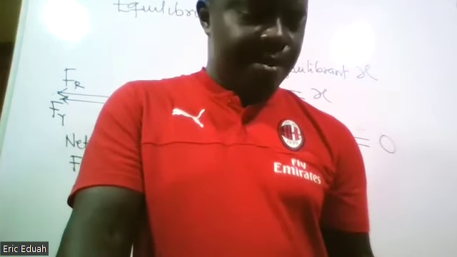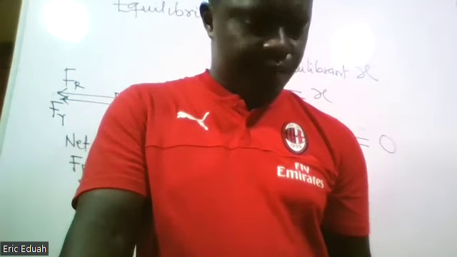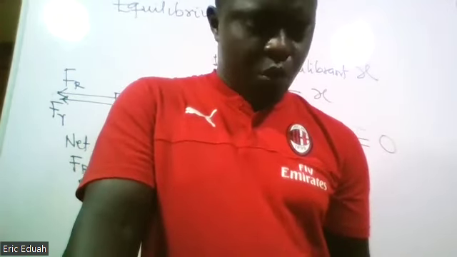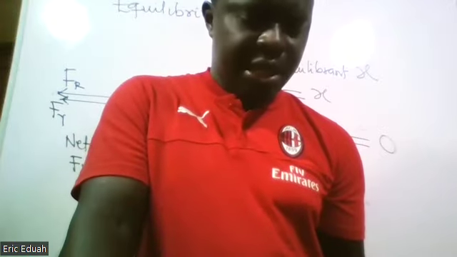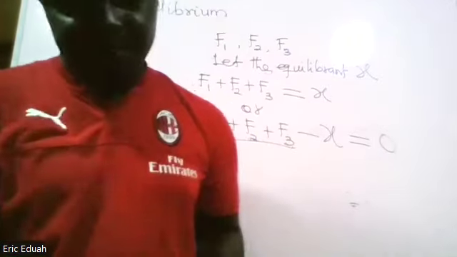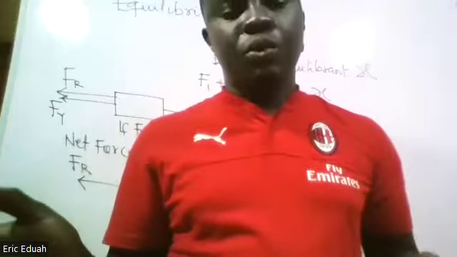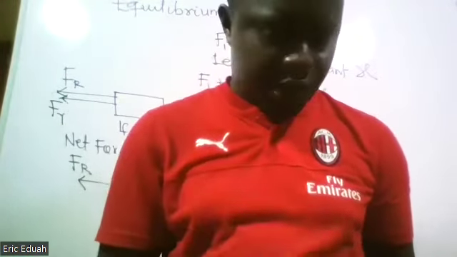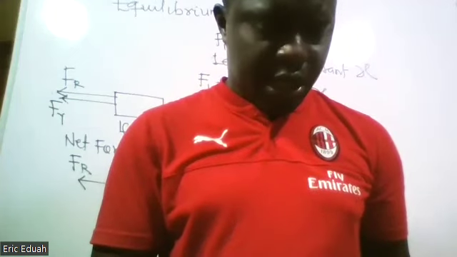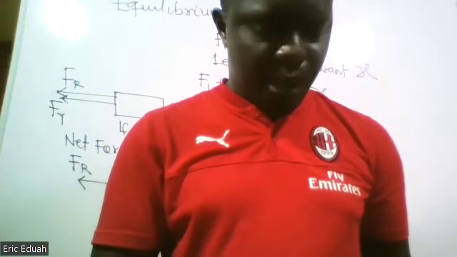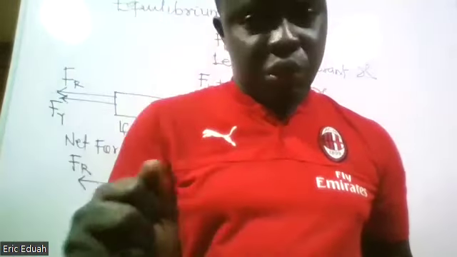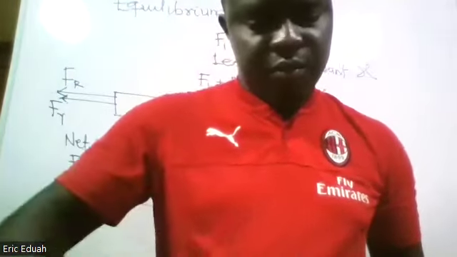We are to find the magnitude and direction of the third force that will keep the body in equilibrium. So it means that we are to look for the equilibrant, that third force which will keep the body in equilibrium, its magnitude and direction.